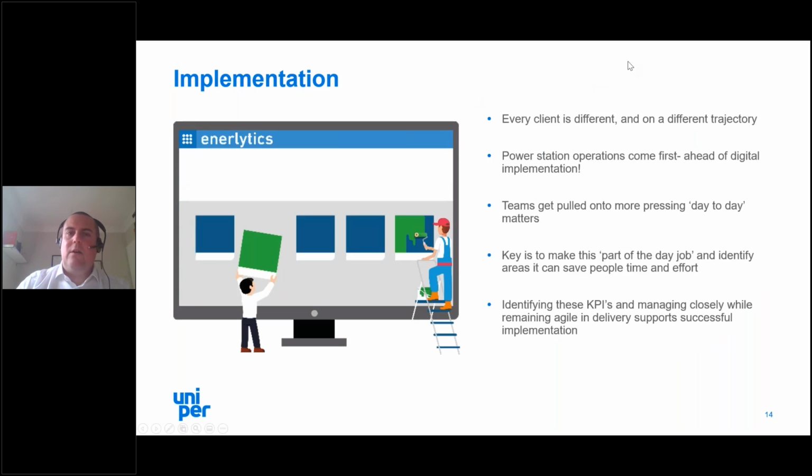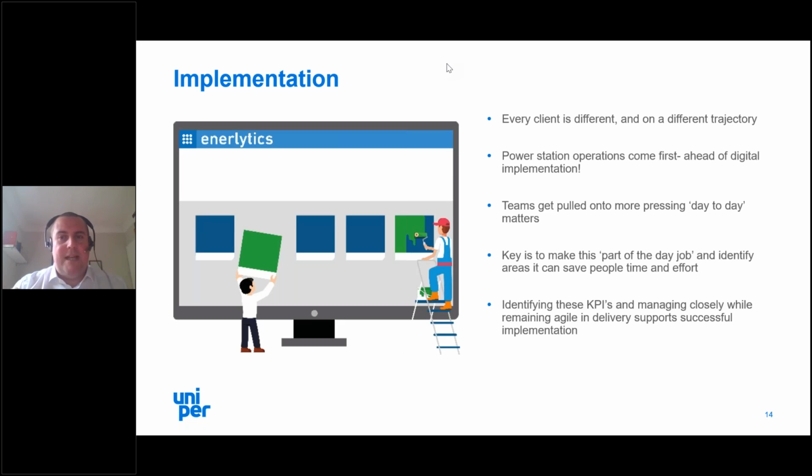So moving on to implementation. And again, every client is different and they're on a different trajectory. So it's really important to treat everyone as an individual. Power station operations, though, do come first ahead of digital implementation. So we've had situations where we've sent people to Australia to support an implementation.